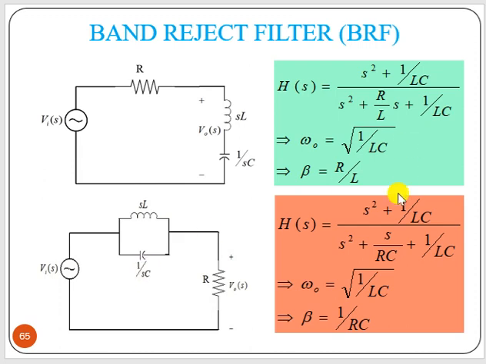Comparing gives us the same type of relation. Only here we get R by LS, and here we get S by RC. So the beta value changes to R by L and 1 by RC.